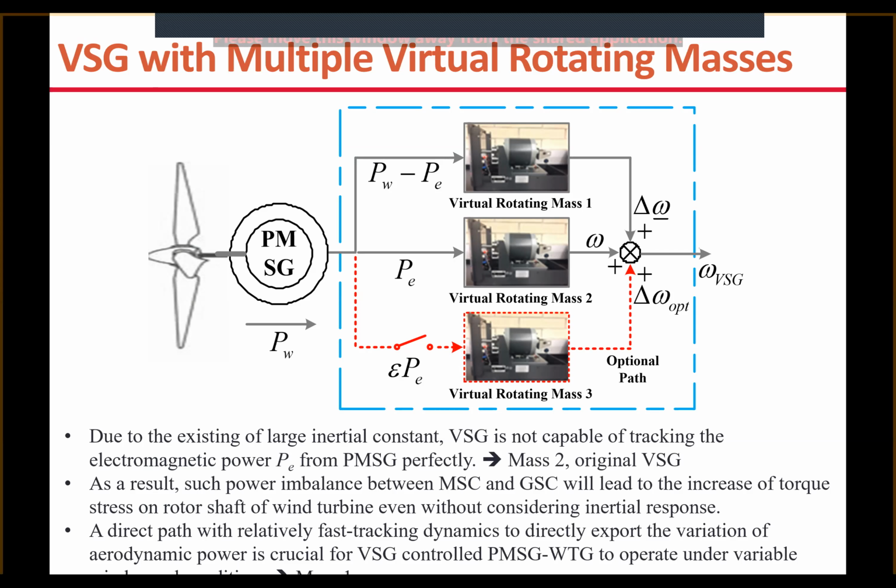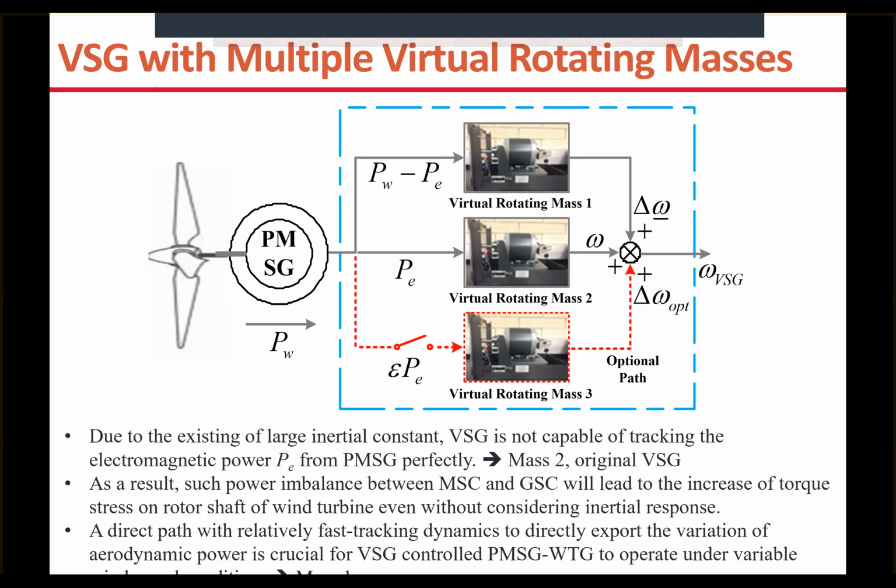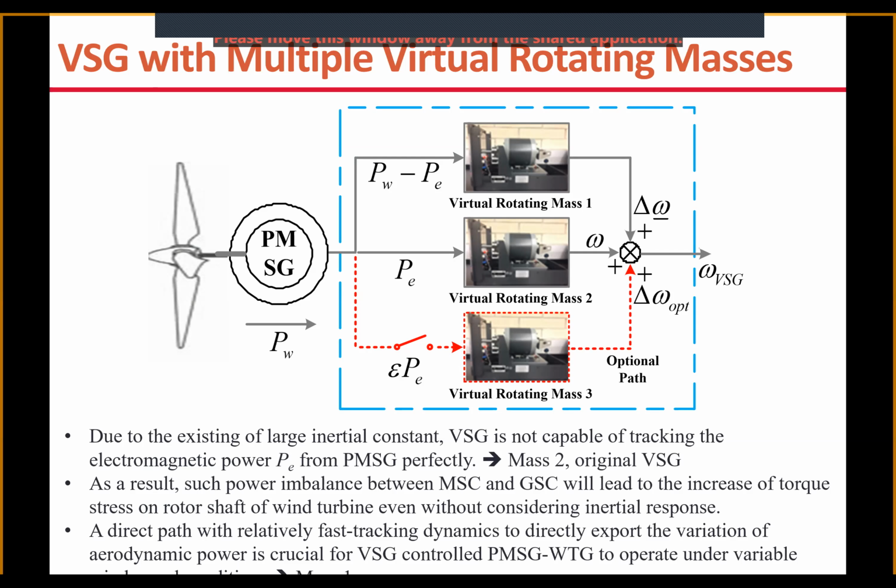Our idea is instead of just one virtual rotating mass, if we use two, we have two additional rotating masses. For this rotating mass we can have a smaller inertial constant so that it can track the dynamic wind power change better.